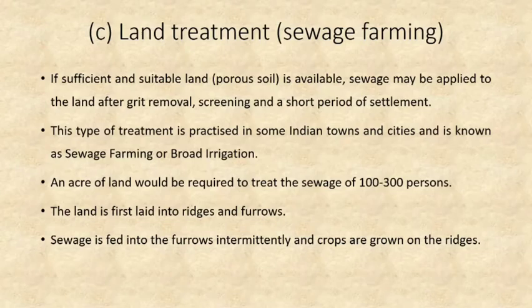This type of treatment is practiced in some Indian towns and cities, and it is known as sewage farming or broad irrigation. Here an acre of land would be required to treat the sewage of 100 to 300 people.